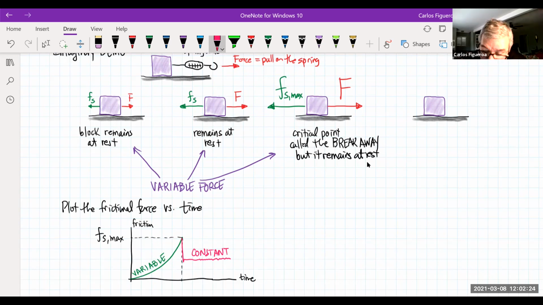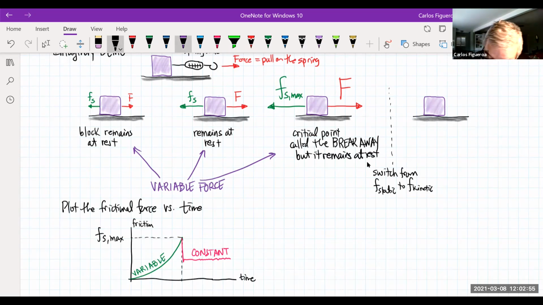So if this is the critical point up here, suddenly there's a switch from F static to F kinetic. And so there's a reduction in this force.